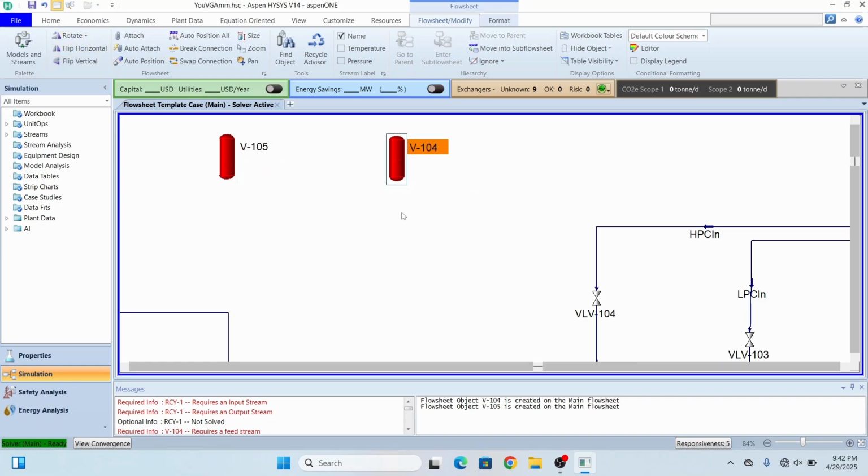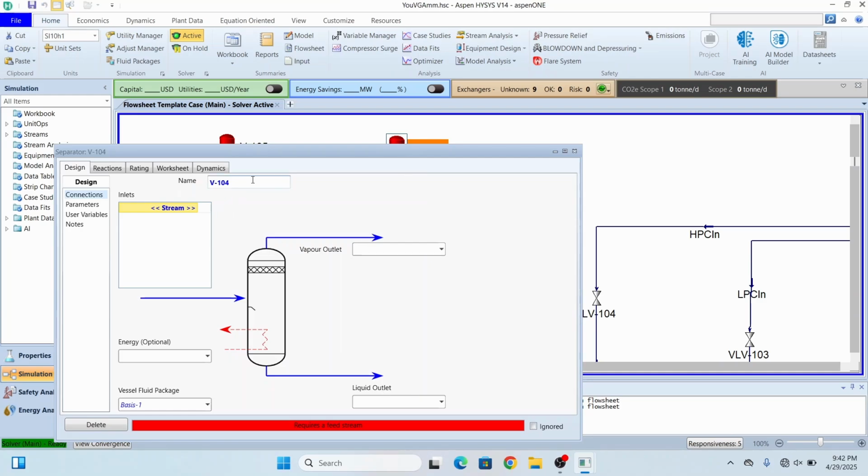So it will be our low pressure drum, and I can name it LP drum. That is good. Its inlet stream will be low pressure chiller heat X out.